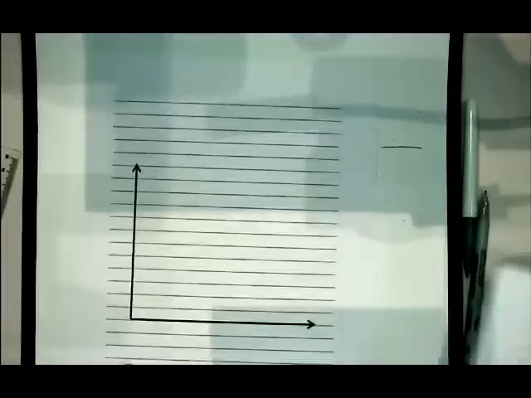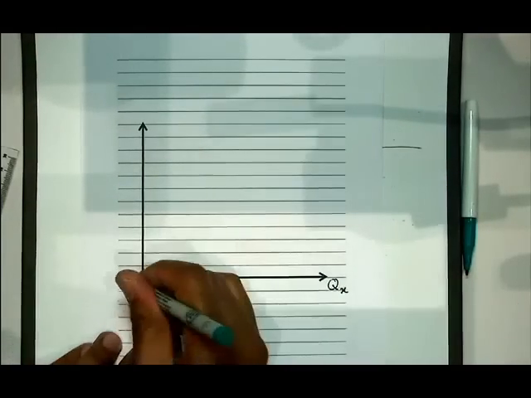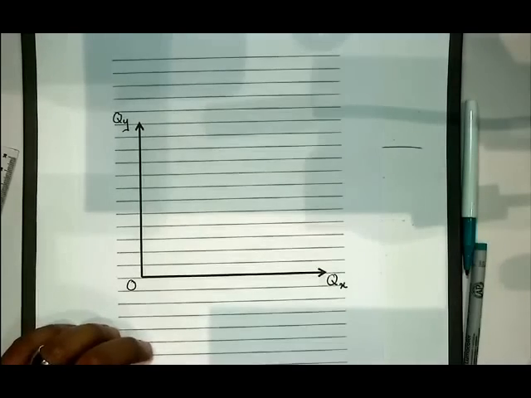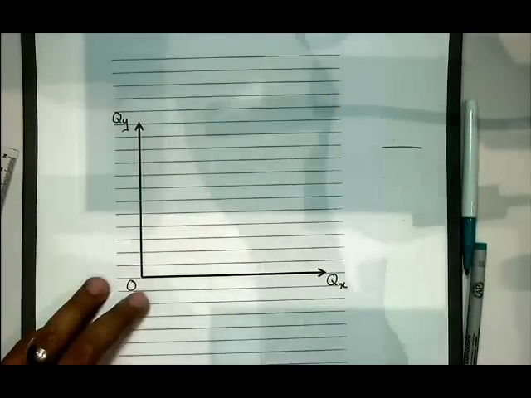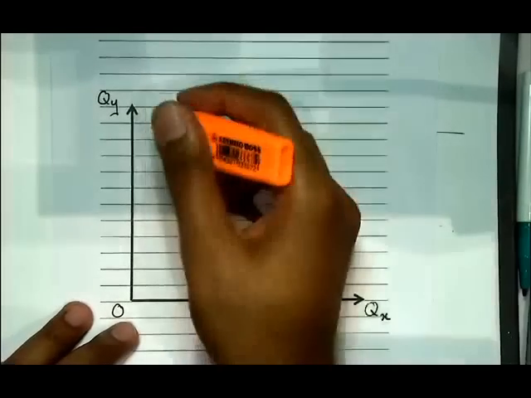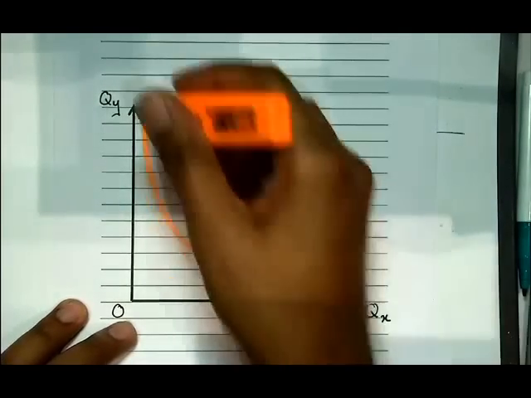So you can put a subheading or heading for this, bringing the two together. So now we'll bring the indifference curve map as well as the budget. Those are my indifference curves.